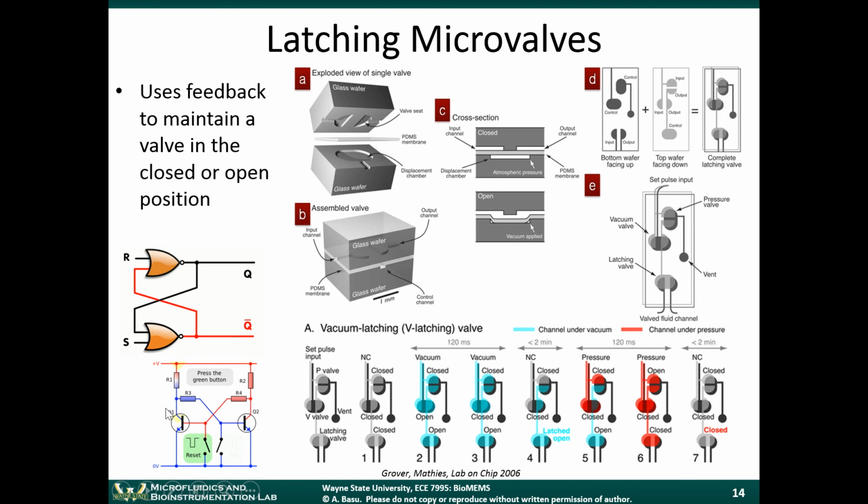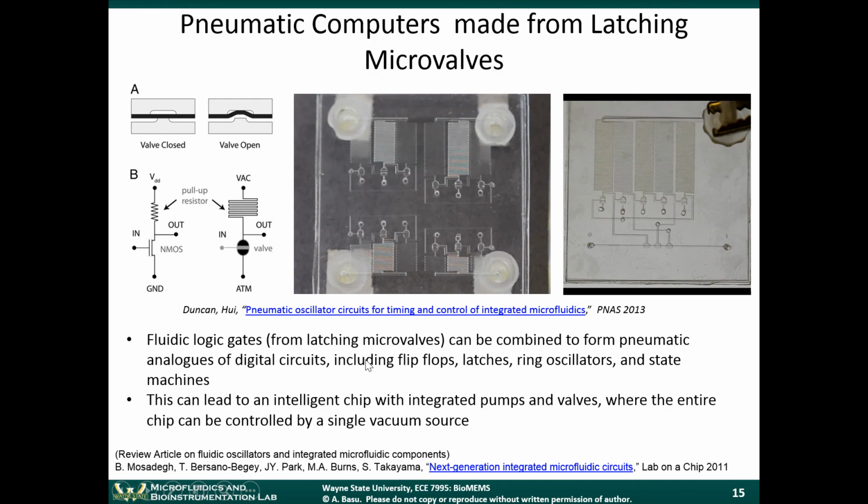So you can make the fluidic equivalent of that, and create fluidic oscillators. I don't have the picture of that in here, but another thing you can do with this is create digital circuits. Digital circuits include AND gates, OR gates, inverters, and it turns out that you can also make something called ring oscillators.